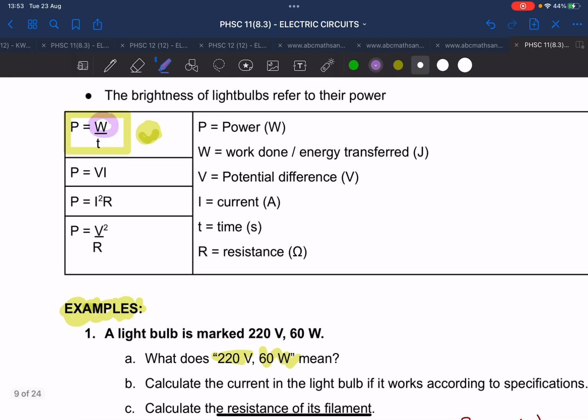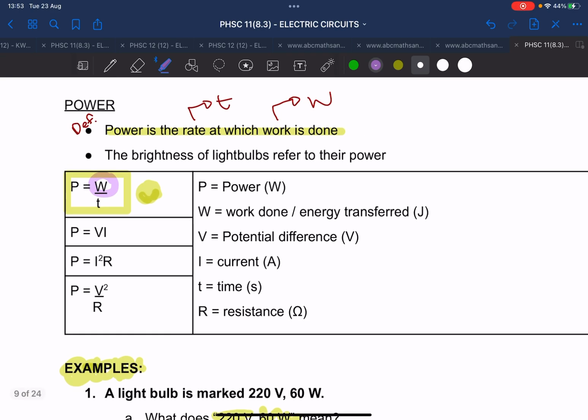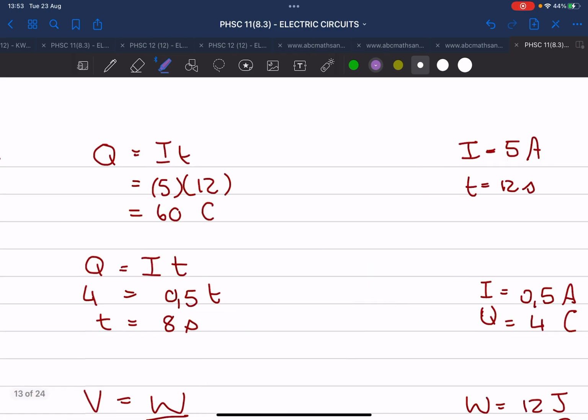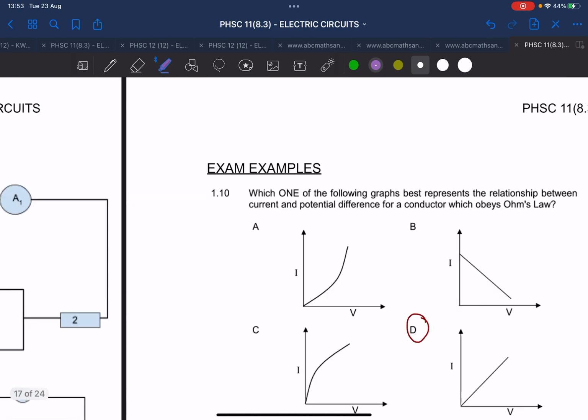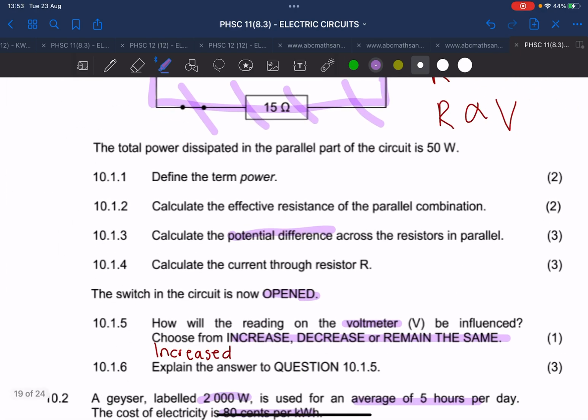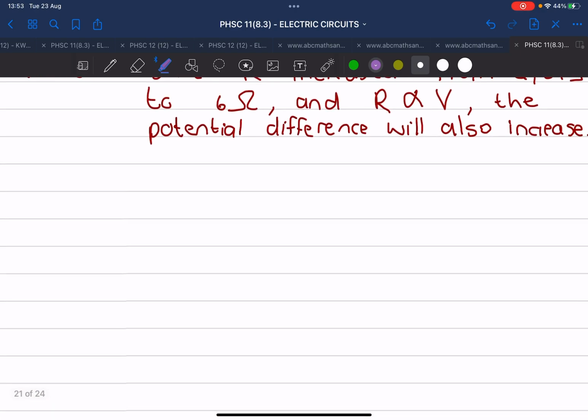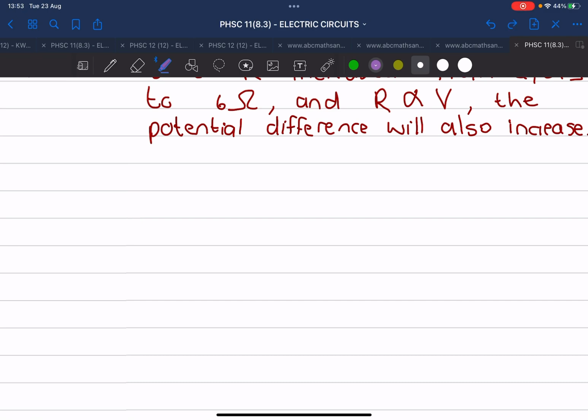So we're going to use, yes, energy in joules. So we're going to use that formula. P is equal to the work per time. We have the P is 2000 watts. We want the work or the energy, and we have the time.